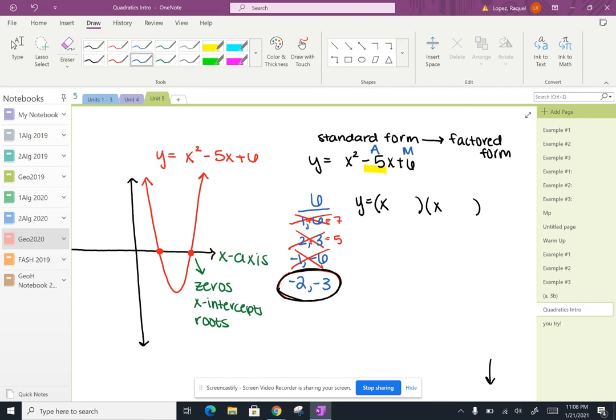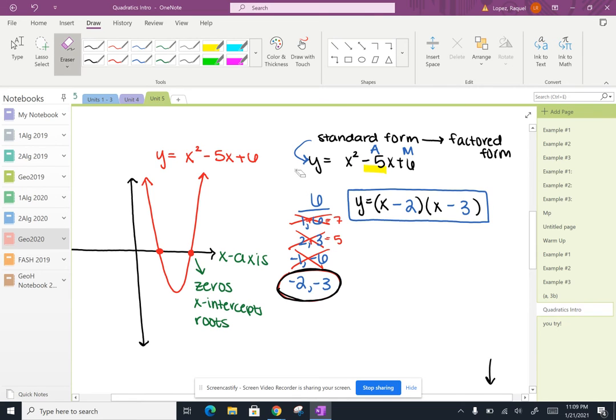I'm going to go ahead and put those into our parentheses, -2, -3. So now what I have here is another equation for the same graph. One is written in standard form, which is right here, and this one is written in factored form. Both of these equations represent the graph that's in red.